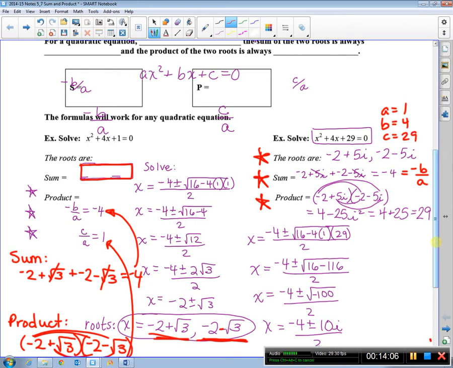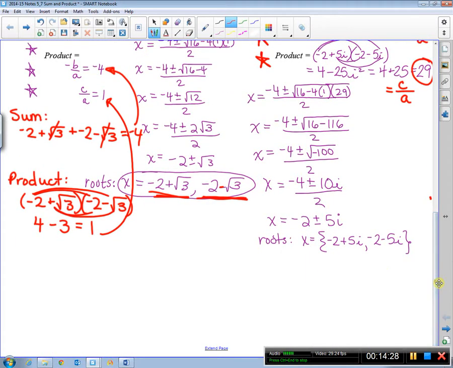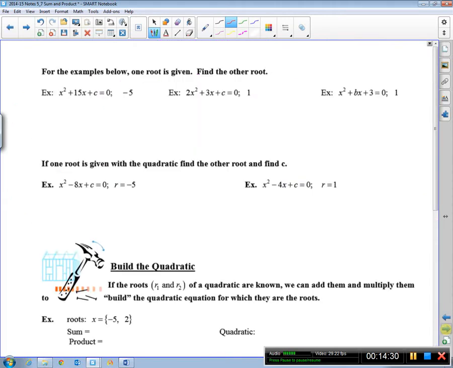The product of our roots is 29. Did we expect the product of our roots to be 29? Well, the product of the roots should be C over A. 29 divided by 1. Yep, 29 it is. Sum and product of the roots. Let's keep going.